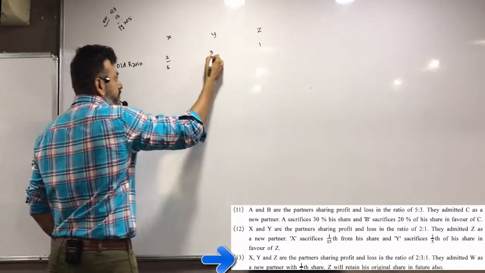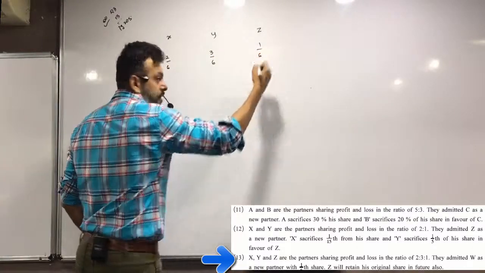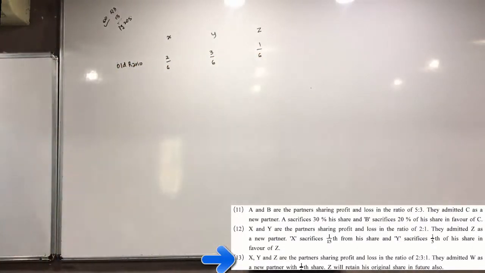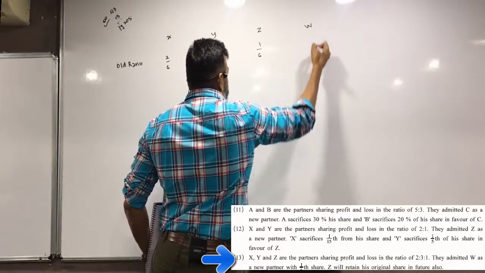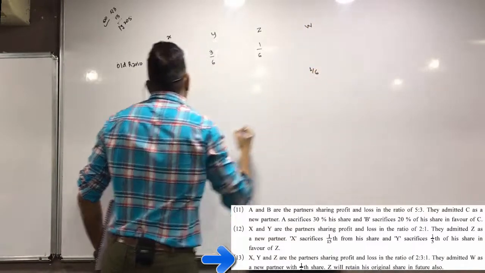So 2/6, 3/6 and 1/6. They admitted W as a new partner with 1/6 share. So now this new partner gets 1/6.